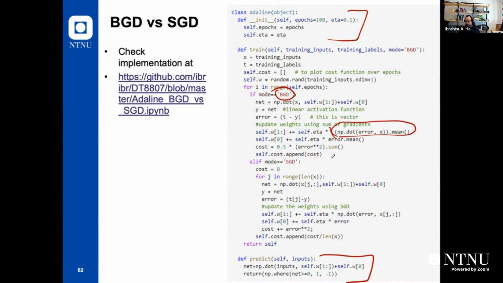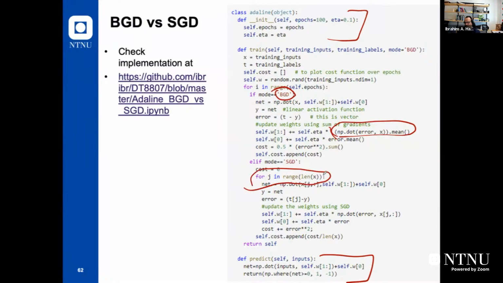If it is stochastic gradient descent, in this case we need another for loop, because I need to do it one example at a time. So I define another for loop where we go through all my batch data and use it example by example to calculate net.